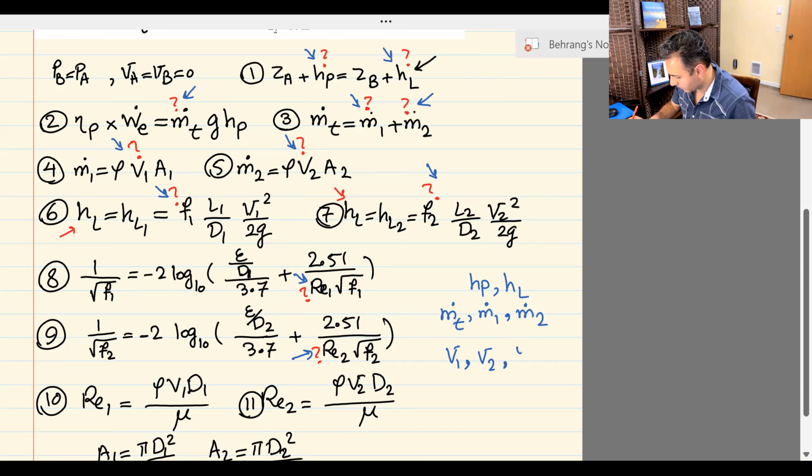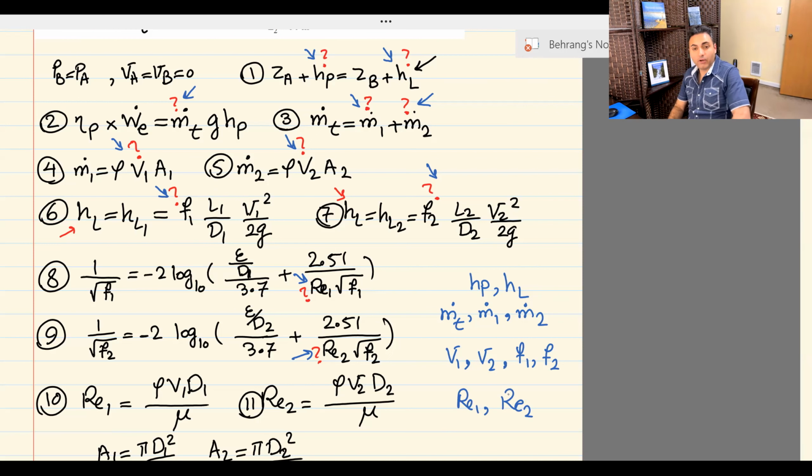And for V1 and V2, we have f1 and f2. And of course, for f1 and f2, we have Reynolds number 1 and Reynolds number 2. So 1, 2, 3, 4, 5, 6, 7, 8, 9, 10, 11, and 11 equations. Now I have enough equations and enough unknowns. You can solve this problem with ease.